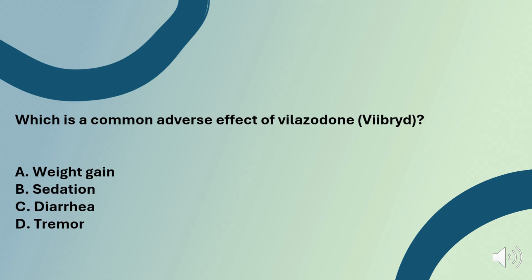Which is a common adverse effect of vilazodone, or Viibryd? A, weight gain, B, sedation, C, diarrhea, D, tremor. So we're talking about Viibryd, or vilazodone, and we want to know which is the most common adverse effect.